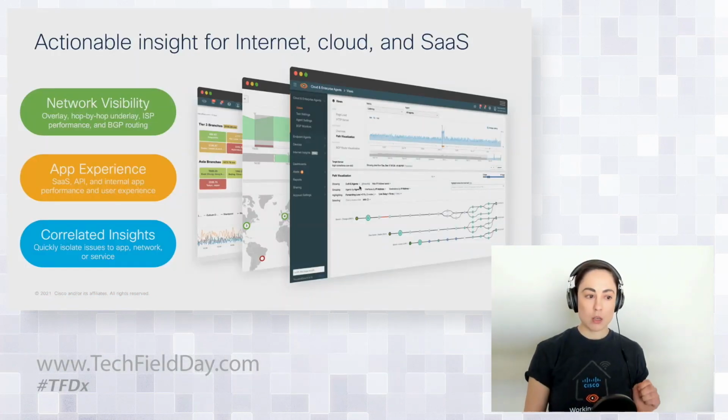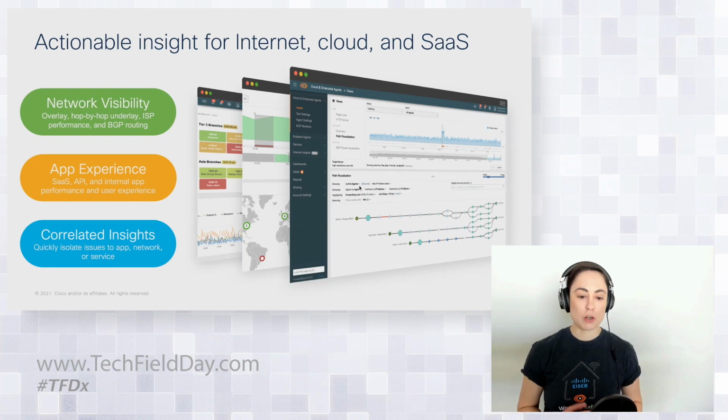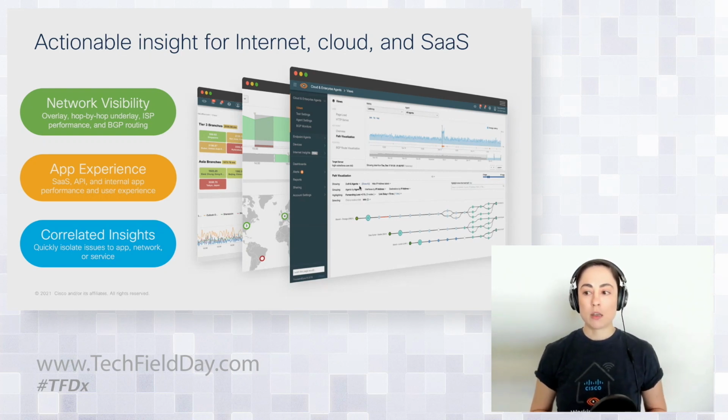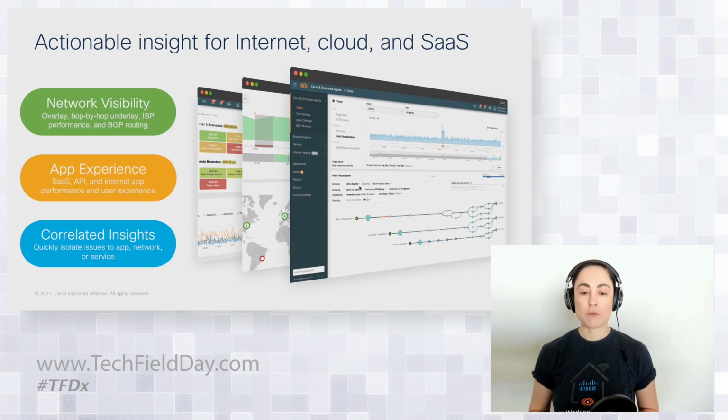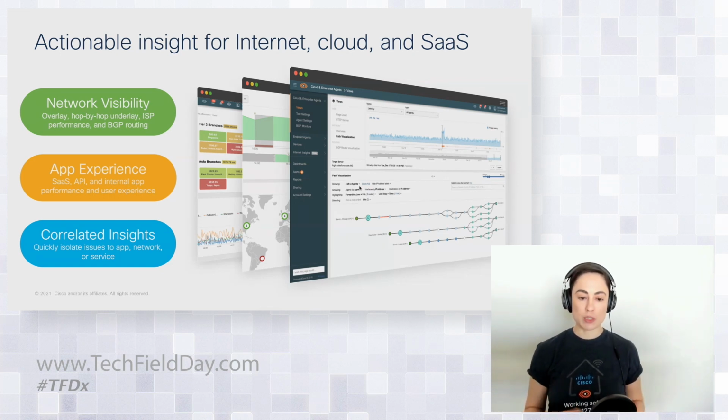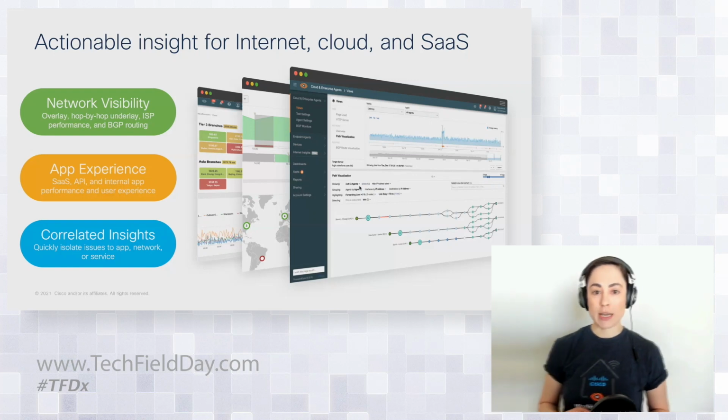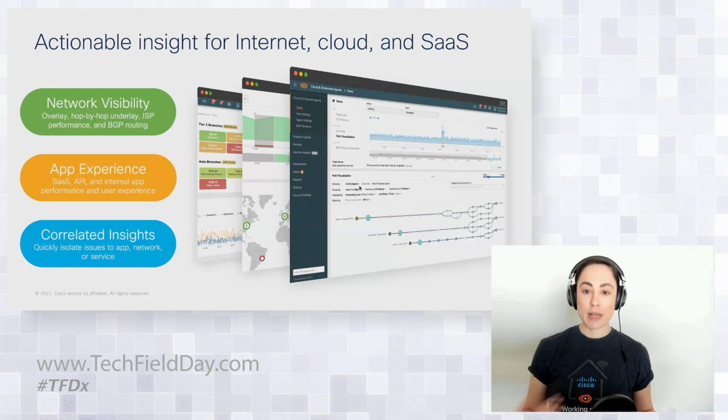And so with that, for those of you who are not familiar with ThousandEyes, at a high level, ThousandEyes is focused on looking at application performance from the standpoint of users, so how users experience applications. And of course, we know that users are connecting to applications over a network, and in most cases, many networks.